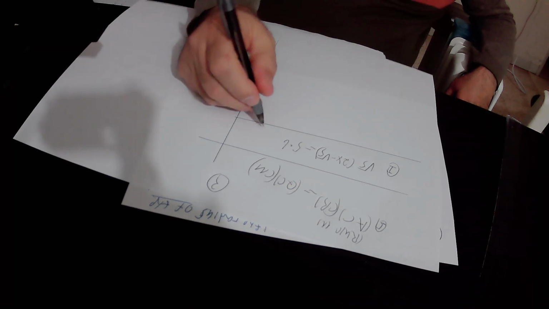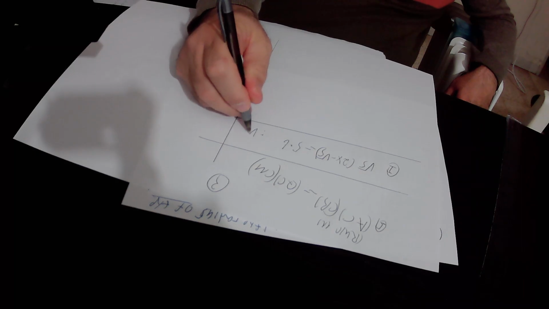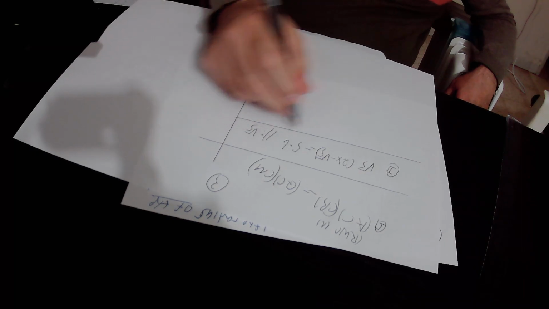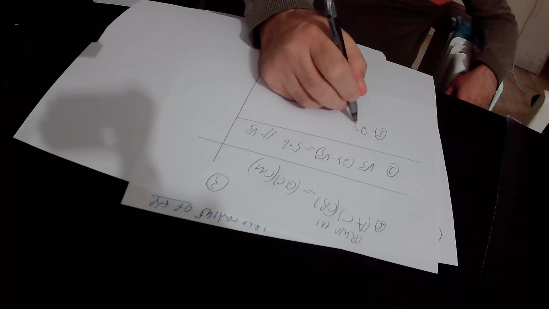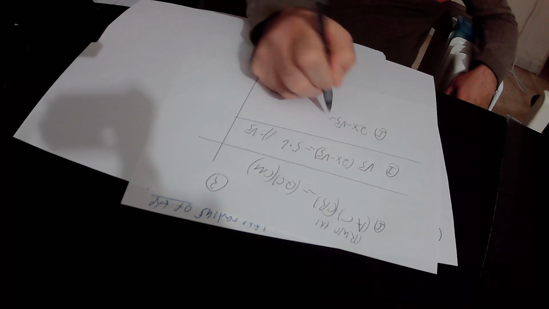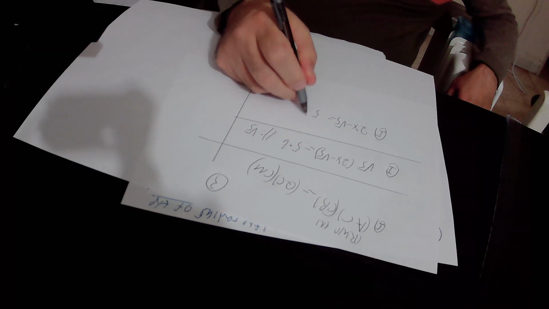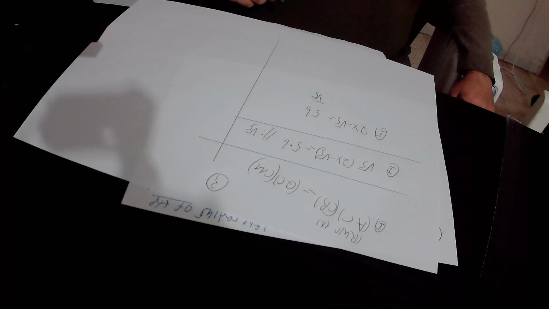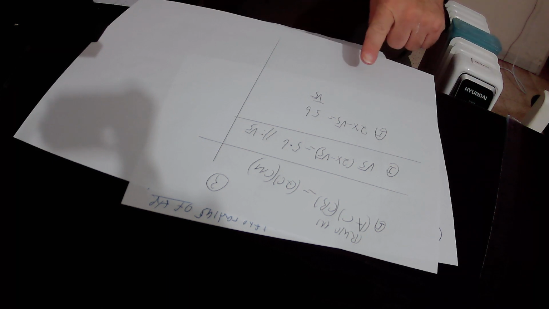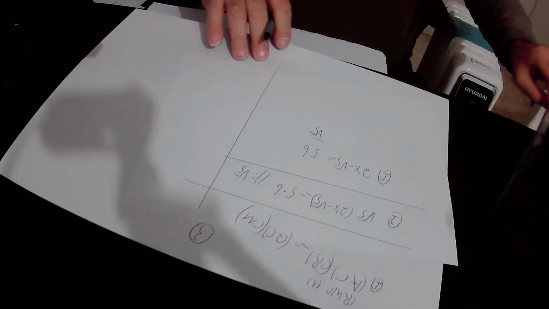Here we divide this equation number 1 by square root of 5. And finally we get that according to equation number 1, 2x minus square root of 5 equals 5b over square root of 5. So here we will add to this equation square root of 5.